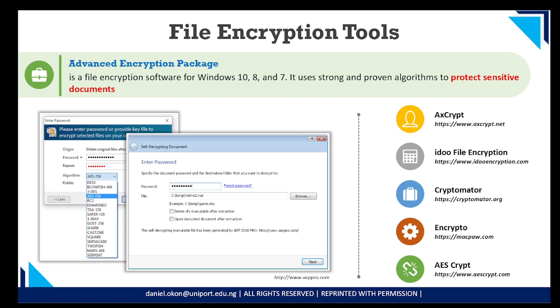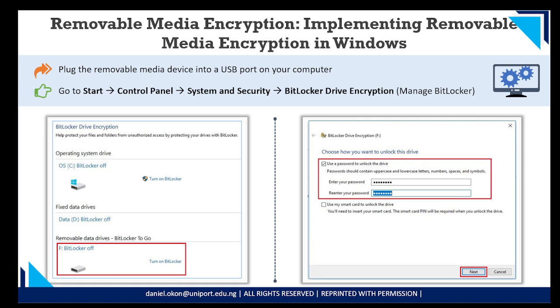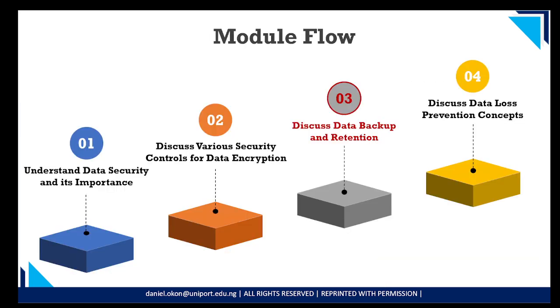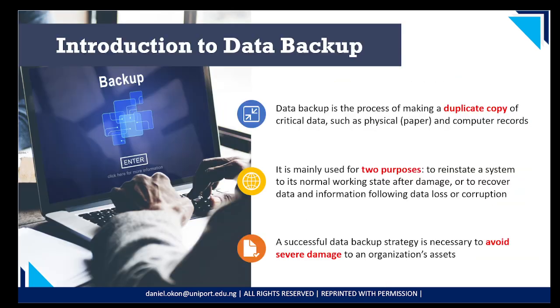But you must tell them to always download this particular software, because only by downloading this software can they read the contents of my flash drive. That is with removable drives and all of them. So there are several tools. These slides just have several tools that have to do with data encryption.